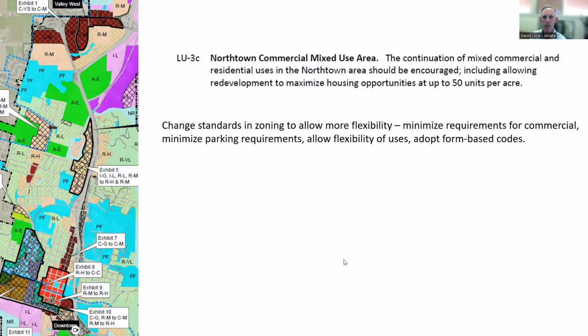The other thing that we're having the conversation around, when we get to the zoning, which will detail the more specific implementation of these policies, is to change those zoning standards to make them more flexible.